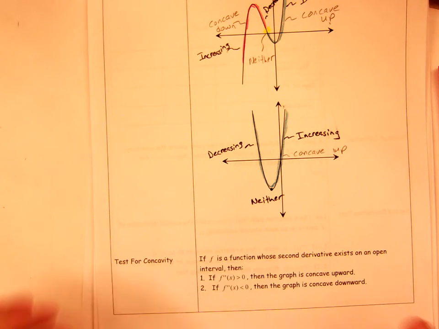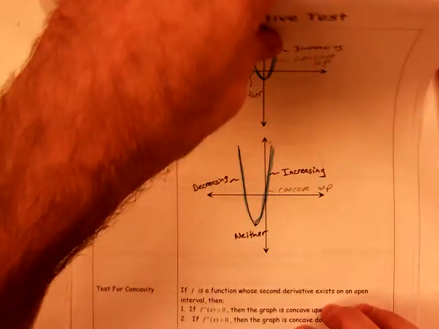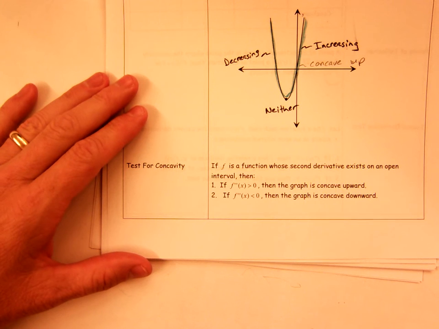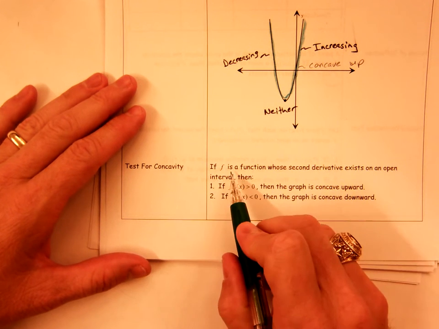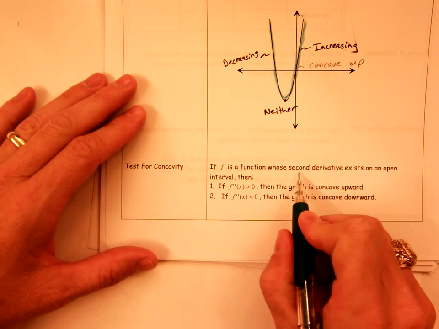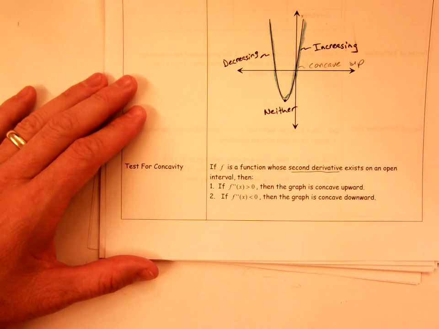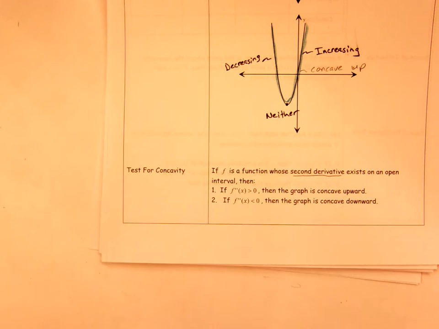Okay, so here it is, the test for concavity. If f is a function whose second derivative, so we've studied second derivatives, and some of you asked when are we ever going to use second derivatives. Does anybody remember what I said?